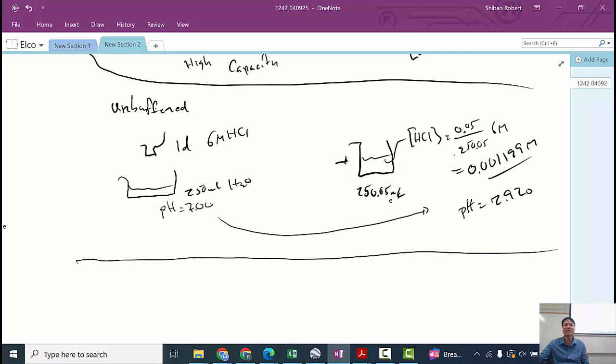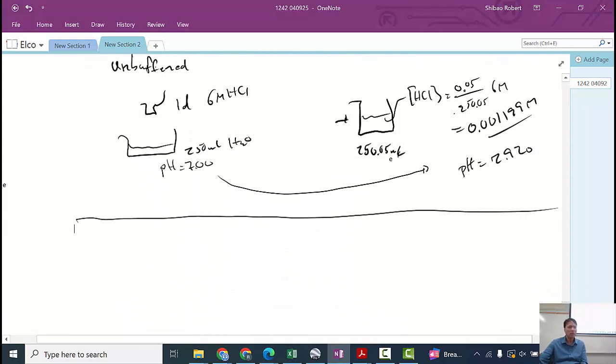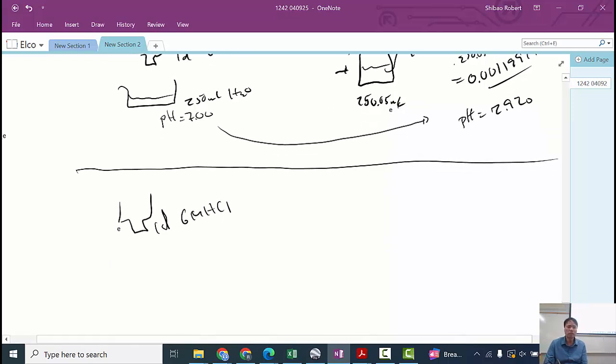Okay, we're going to just take a medium capacity buffer, not the super high one. What I'm going to do is add 1 drop of 6 molar HCl to 250 milliliters of pH 7 buffer. It depends on the capacity of the buffer, how well it resists the change.